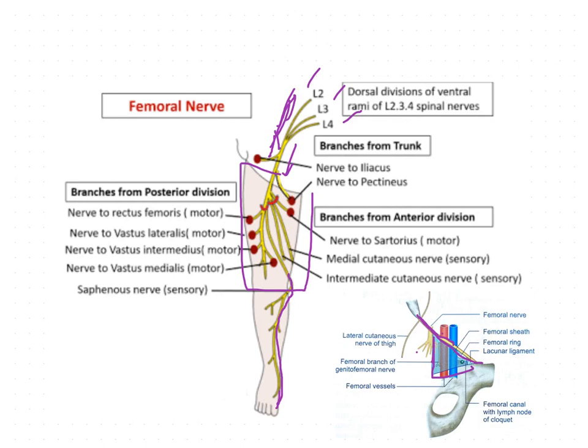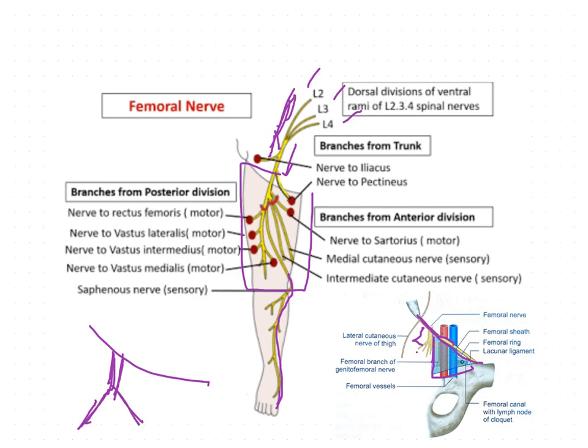Once it enters the thigh behind the inguinal ligament, it ends by dividing into two divisions 2.5 centimeters below the inguinal ligament. So this is the termination of the femoral nerve.